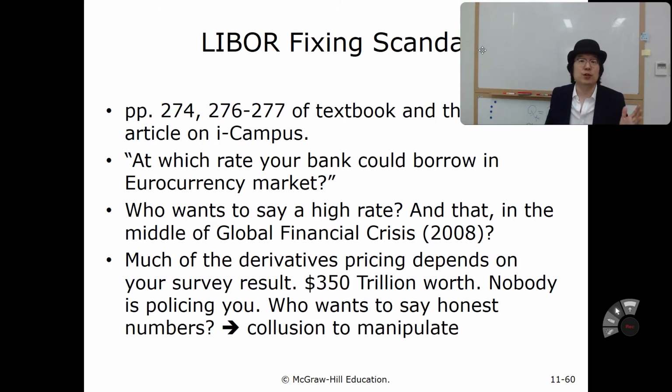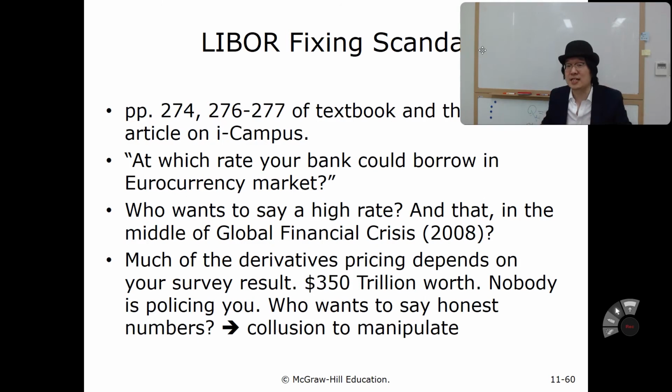What was the problem over there? The LIBOR fixing scandal. You remember this question: at which rate could your bank borrow in the Eurocurrency market? Who wants to say a higher rate? That is the first question, okay? And that was in the middle of the global financial crisis in 2008, right? The idea is that in a financial crisis, a banking crisis, your bank, without any exceptions, must be very unstable and risky, which means your borrowing rate has to go up.